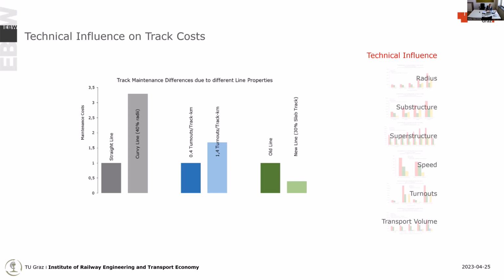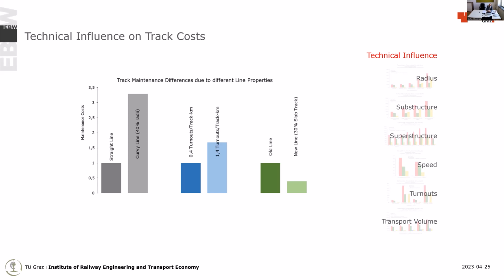If we combine those different technical influences for different track sections, we could very easily show that if we have a line stretch which is curvy, we would have even 3 times higher costs compared to a straight line. If we have more turnouts on the segments, we would end up with higher costs.